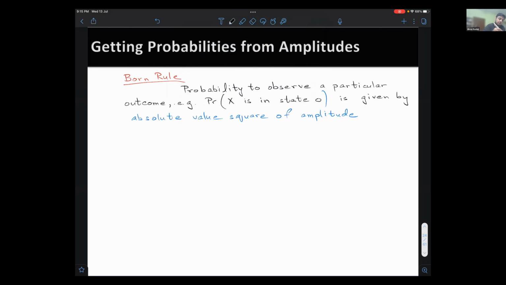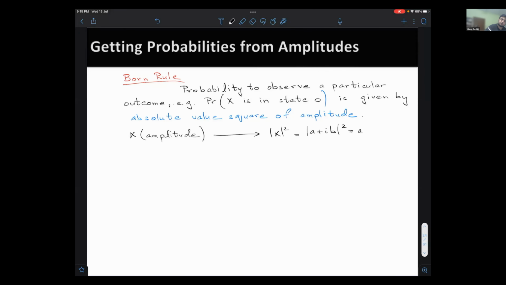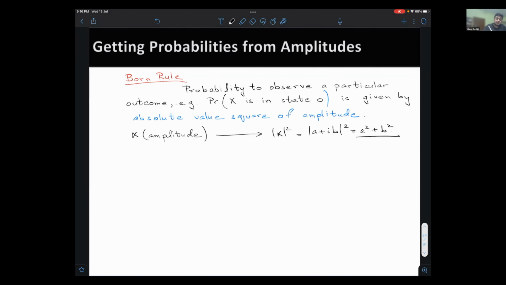If I've got alpha as my amplitude, then the probability to see the corresponding event, or to see my physical system in the corresponding state, is given by alpha magnitude square, which, if alpha is equal to a plus ib, is just a squared plus b squared. If alpha was just a real number, you could just say alpha square and be done. For complex numbers, it's this thing.